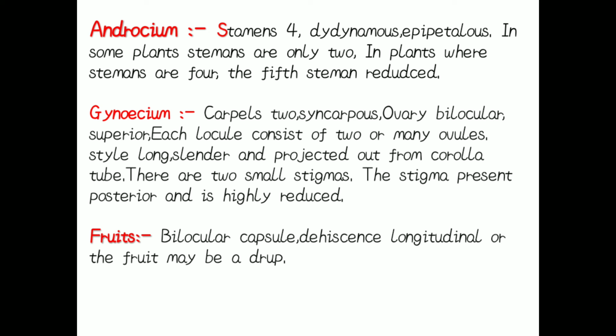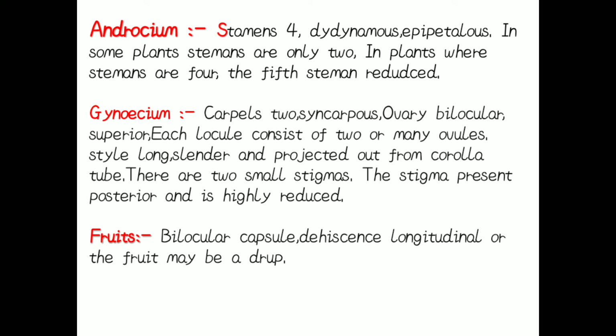Okay, so let us discuss the gynoecium. Gynoecium is the female part of the flower. Carpels are 2, and they are syncarpous. The ovary is bilocular. Bilocular: bi means 2, locule means chambers.